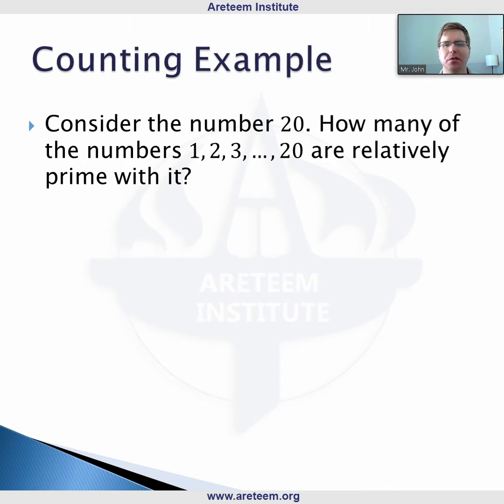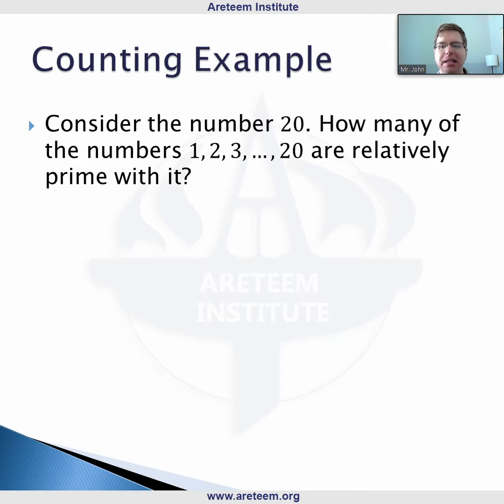Of course, all of those factors are between 1 and 20. Relatively prime numbers could be bigger than 20, right? 21 and 20 are relatively prime. We'll do an example with that later. But for the counting we're going to be doing here, we only want to consider the integers from 1 up to 20 in this case. I said, of course, 1 is always relatively prime.